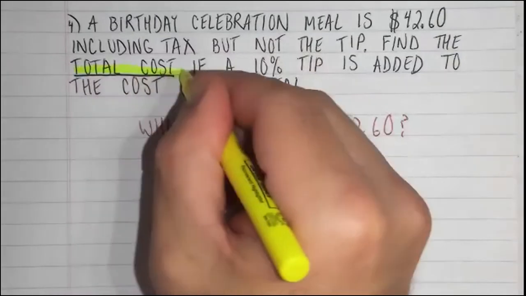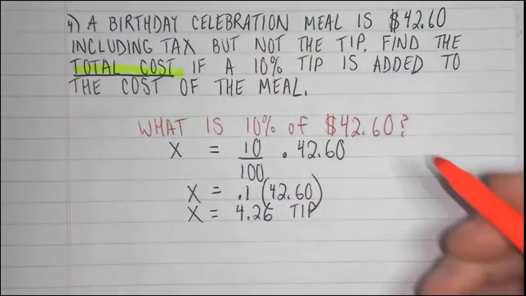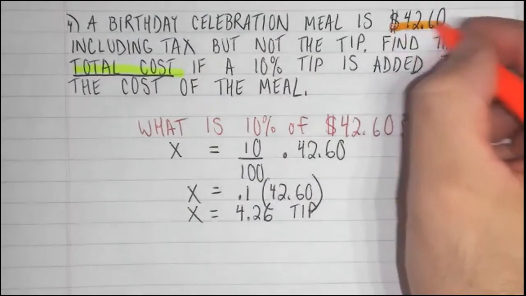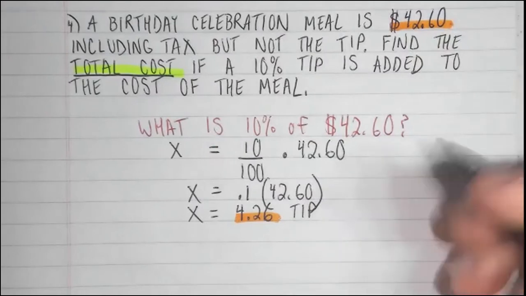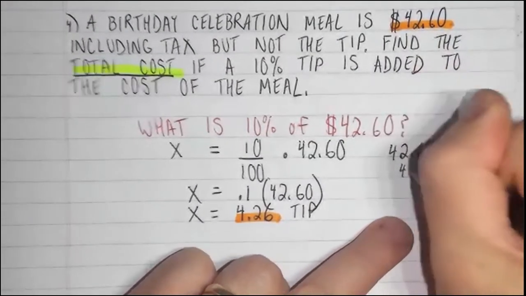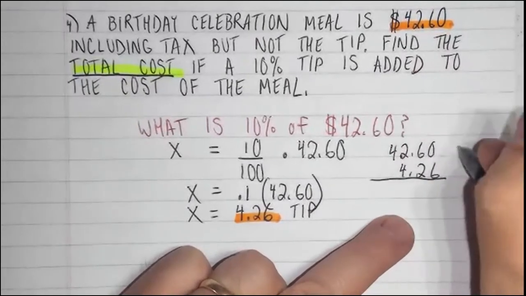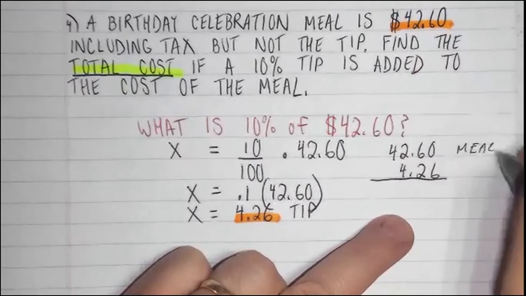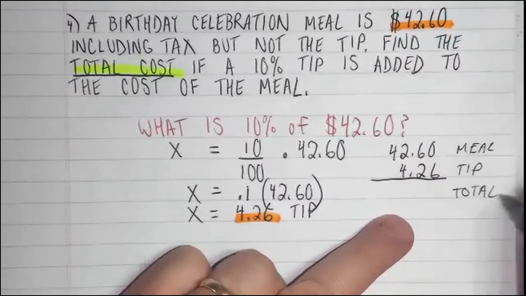We are looking for the total cost. Well, to find the total cost, I have to take the original price of the meal and add in our tip. In other words, I've got to do the 42.60, add in my tip of 4.26. So this is the meal, this would be the tip, and that would give me my total cost.